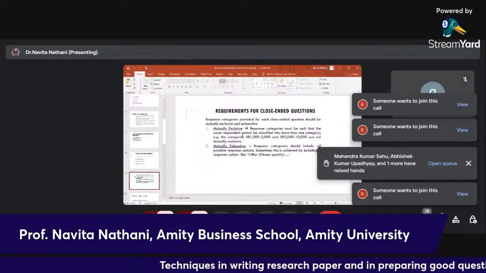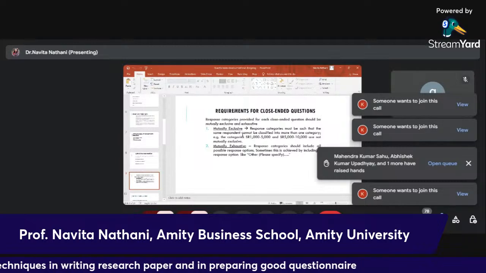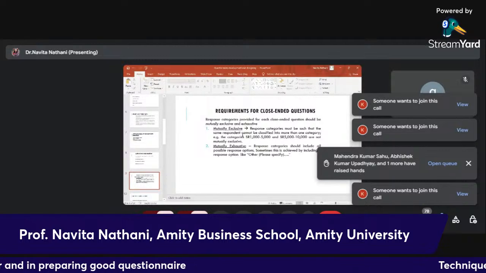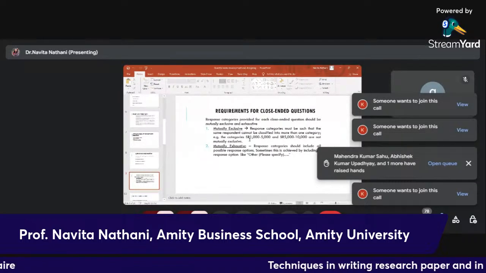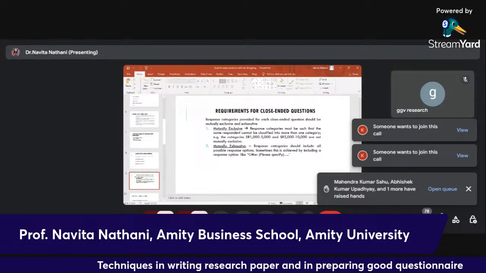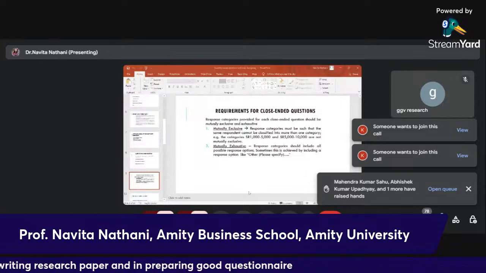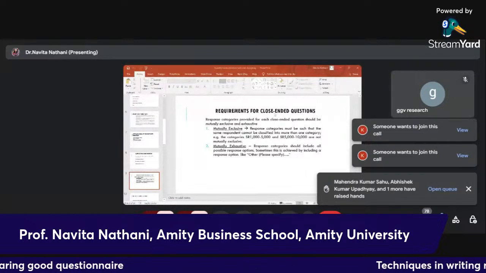Then we are moving. These are the requirements for close-ended questions, like it is mutually exclusive, mutually exhaustive. So very important that whenever you are asking any question, जैसे अगर आप इसको देख पा रहे हैं स्लाइड को, if you are asking any question related to this, like there's a category that says 1,000 to 5,000, and then 5,000 to 10,000.